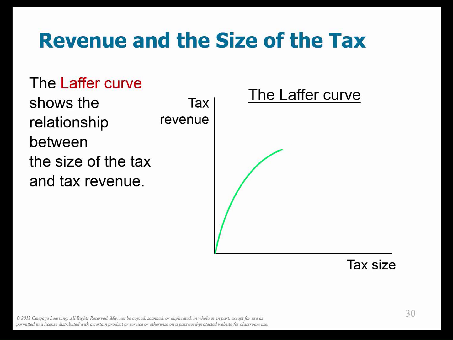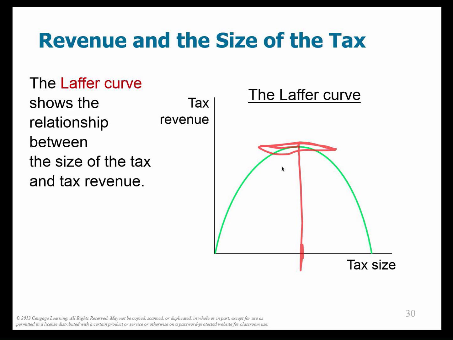So if I were to graph it, it looks like something like this. As the tax starts getting bigger, more and more money is accrued to the government, right? As that rectangle gets bigger. But then as we get to here, the rectangle gets smaller and smaller and smaller, and this is the size of the tax. So as tax gets bigger, revenue starts going back down. So the government, really what they want to do is they want to try to have this tax right here that maximizes their revenue, okay?